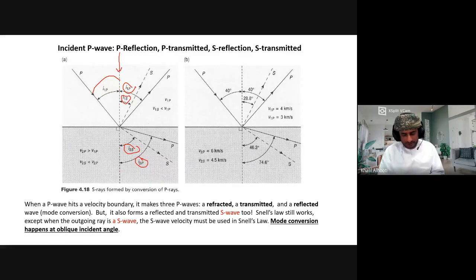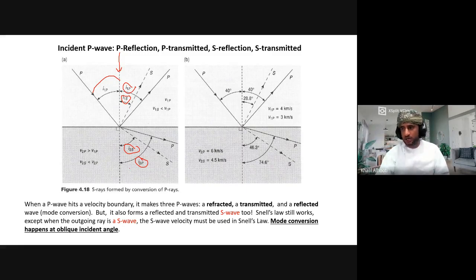I will not cover it right now because students will take it in other courses in seismic methods. But the Huygens principle allows mode conversion to happen. For you, there is mode conversion at an oblique angle. When the wave hits the interface at a normal angle, there is no mode conversion.